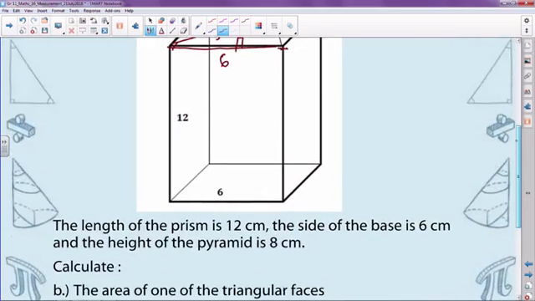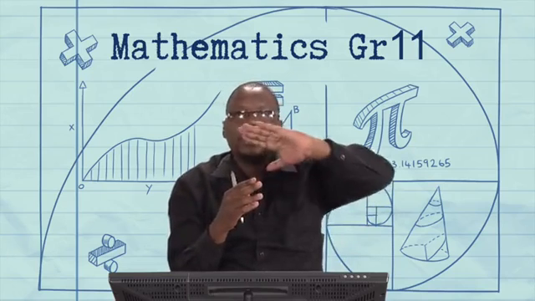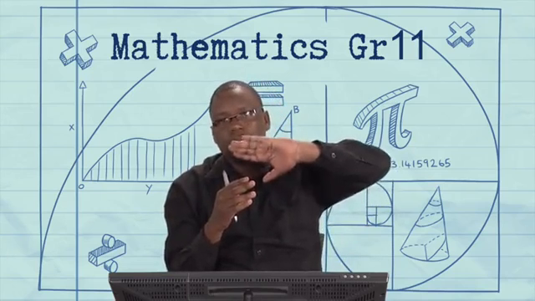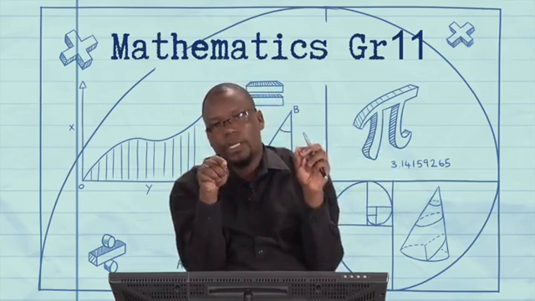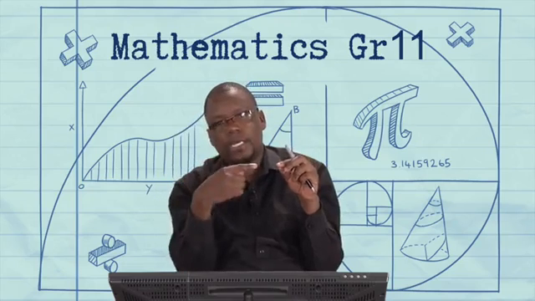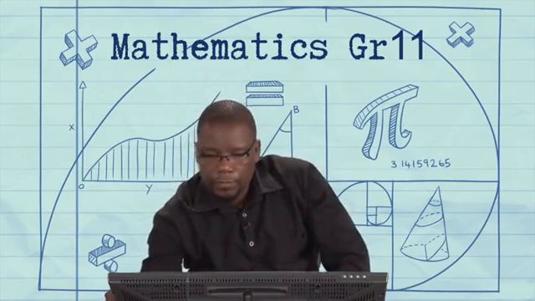Okay, this is the height. This is the perpendicular height of the pyramid, but we're now talking of the faces. Okay, so those rectangular faces, but we've got the base and we needed the height. How do you work out the height? You've got that 8 there.